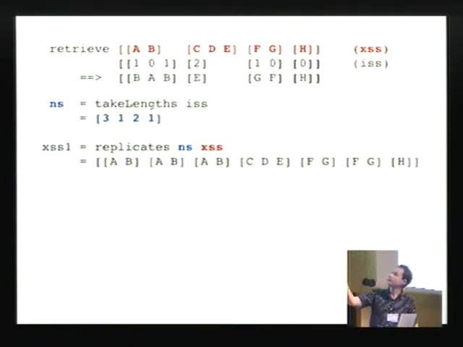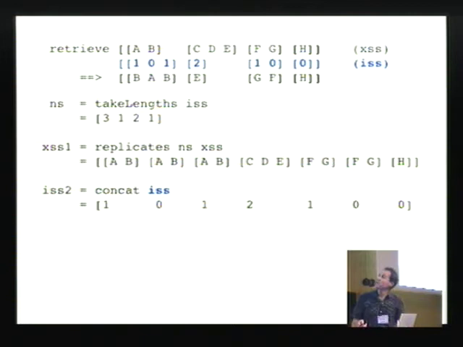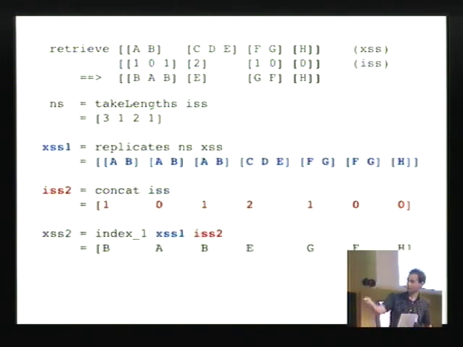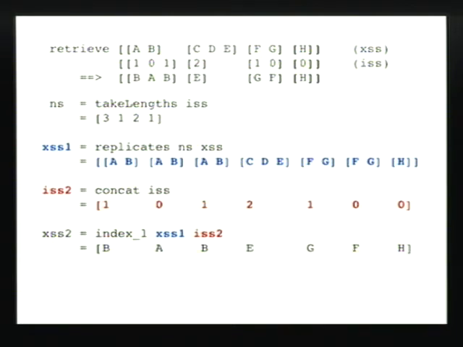And I'm going to take the indices array and concatenate it. And then what I get here is each of these arrays is lined up with the corresponding index, and I'm going to use this thing called lifted indexing, which takes corresponding pairs of elements of these two arrays and then performs indexing. So I get the first element and then the 0th element and then so on.